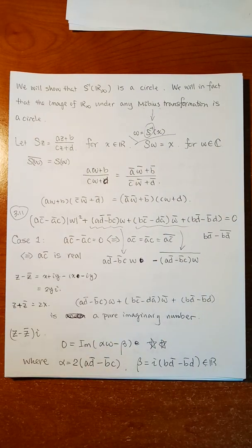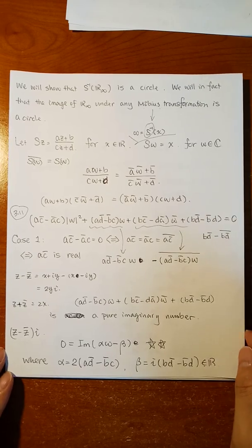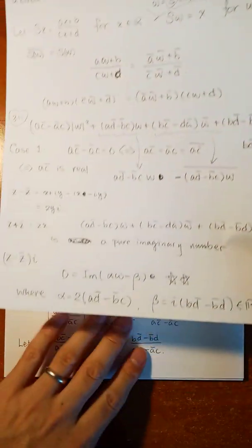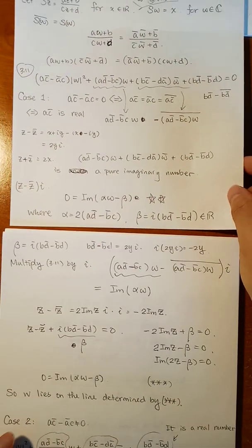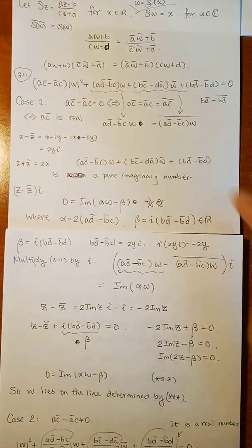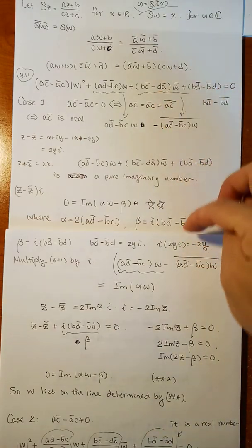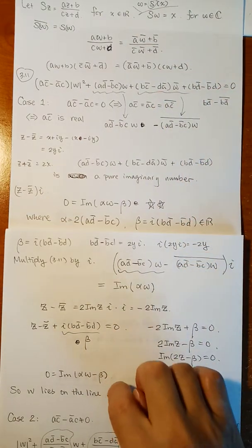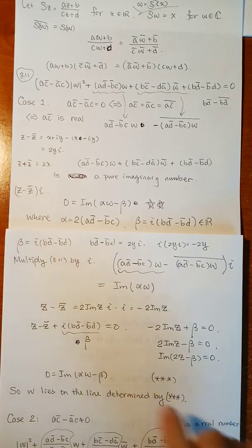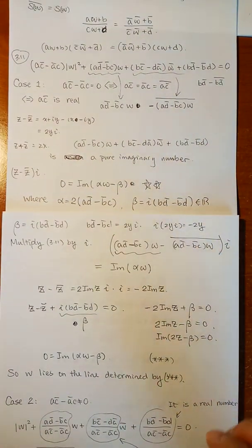Okay, so we have the proof. In case 1, when this quadratic equation degenerates to a linear equation, you will get this part, and this linear equation gives us a straight line.